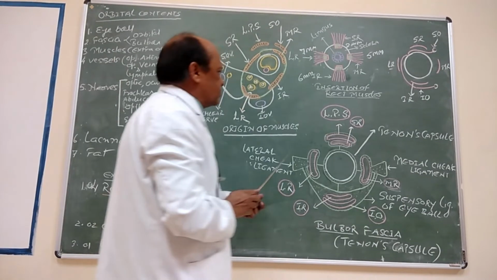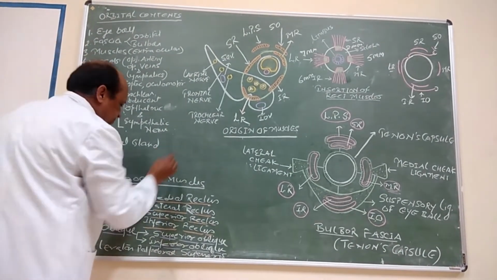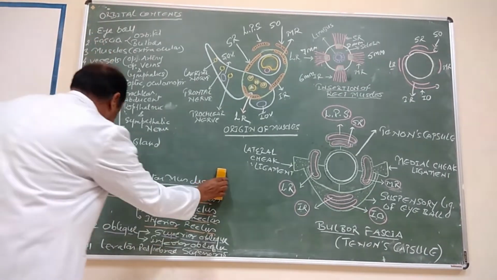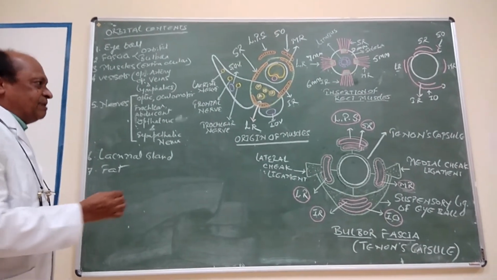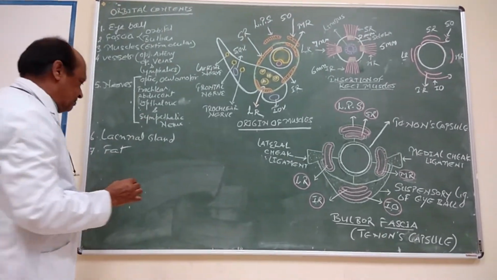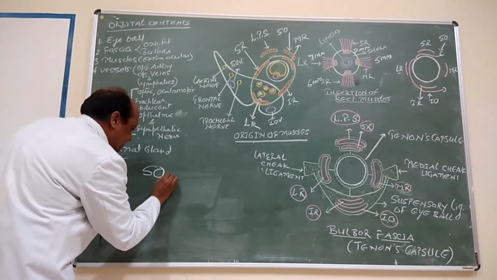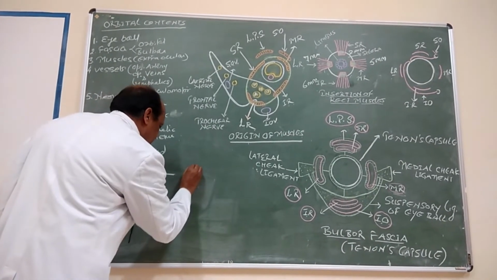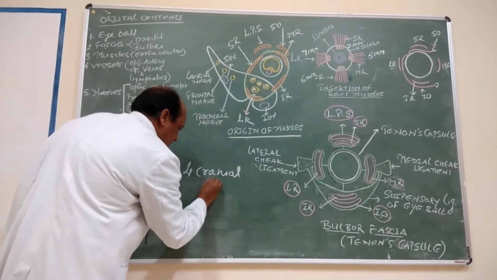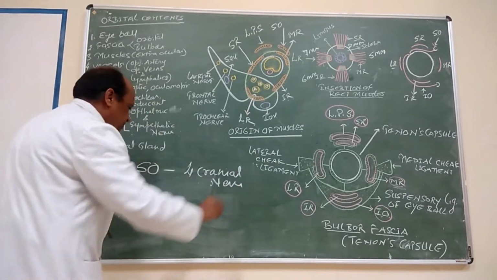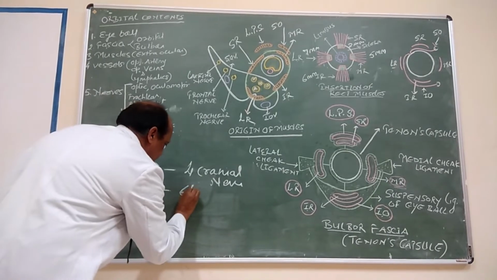Now let us see the nerve supply. Now see the nerve supply of all these extraocular muscles. The superior oblique muscle is supplied by fourth cranial nerve, and lateral rectus supplied by sixth.